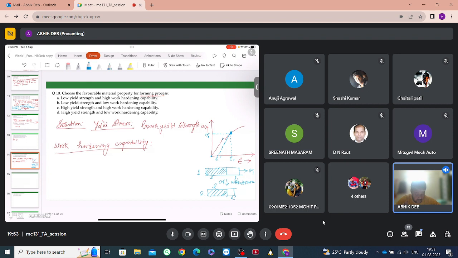It will start deforming from this point. Is it clear how it will start deforming from this point? Any doubt in this?